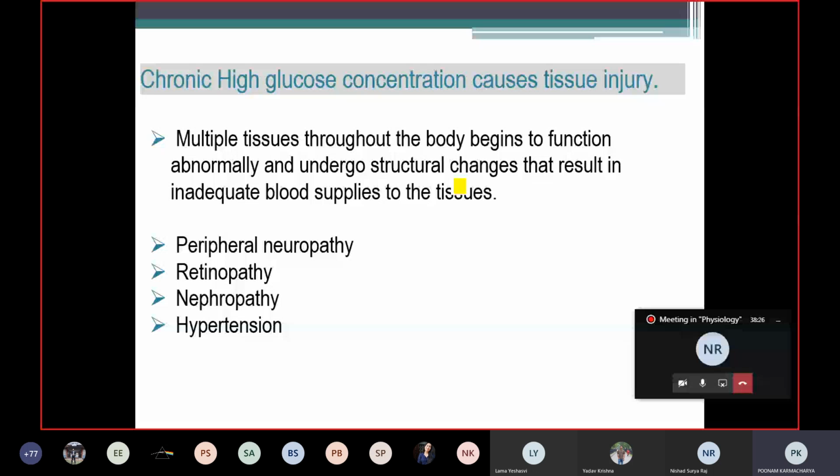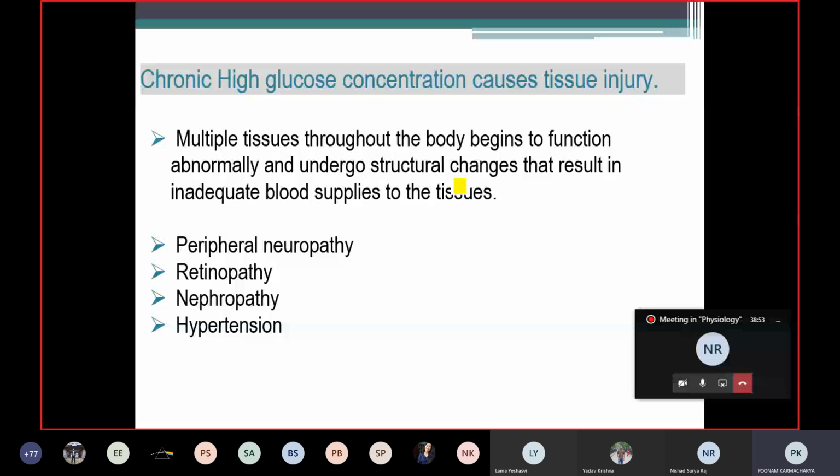Okay, are you understanding? There is chronic high blood glucose concentration, right? And because of it, there will be structural changes that lead to inadequate blood supply to the tissues. And the first and foremost thing you can see is neuropathy. Neuropathy occurs because of damage to the neurons or the Schwann cells in the neurons.